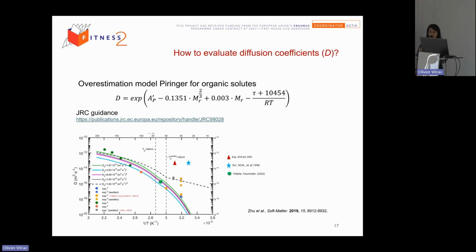It depends on whether you plasticize your material, PET for example, in contact with fatty product or with alcohol, the Tg of PET shifts, decreases, and the Piringer model doesn't overestimate the diffusion coefficient. So if we use this model, maybe we don't overestimate the migration value, and it doesn't obey the principle of overestimation when we use modeling.